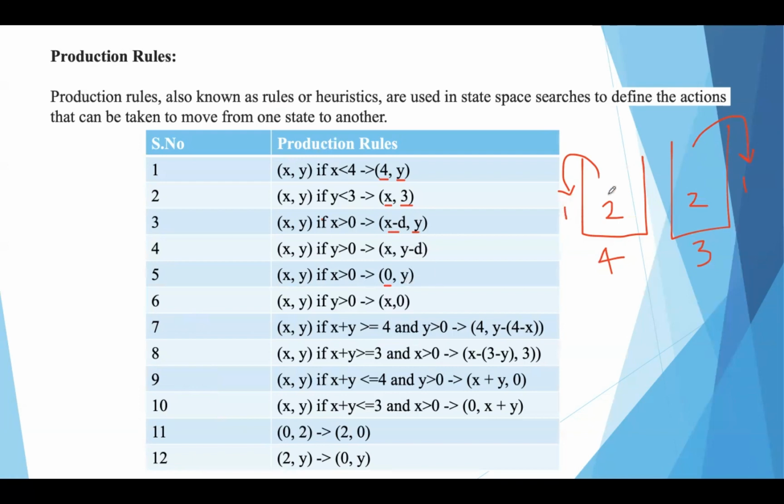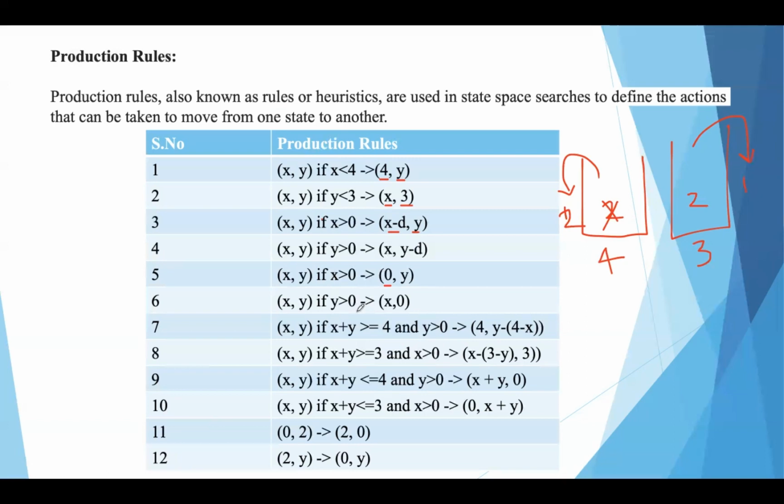In the previous case, we poured only some water, whereas here in the fifth rule, you pour the complete 2 liters of water outside. So you empty the 4-liter jug on the ground, and there is nothing inside now.